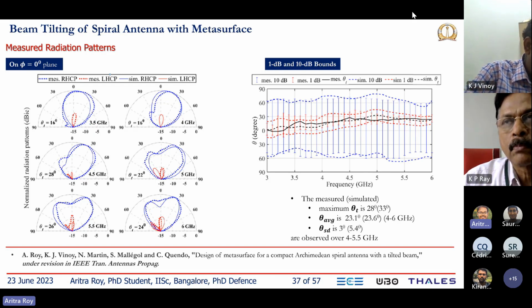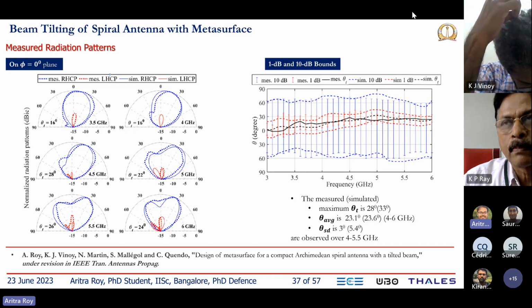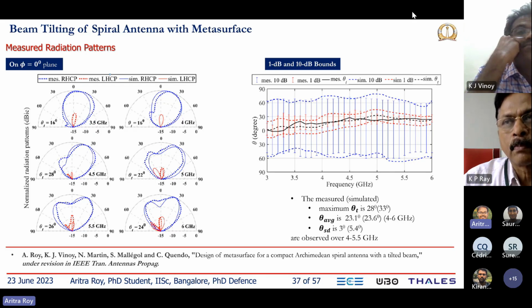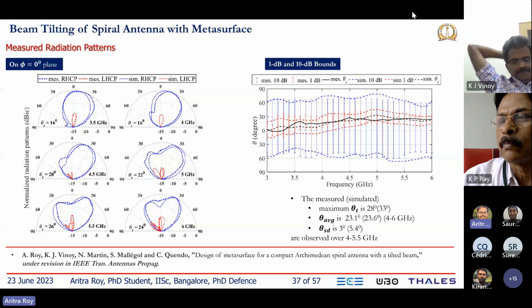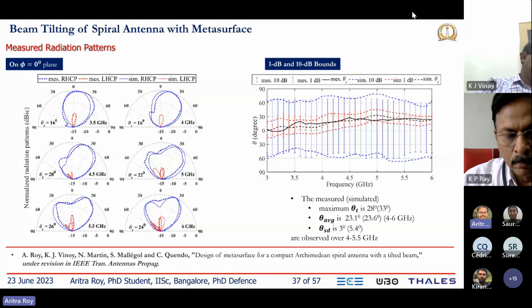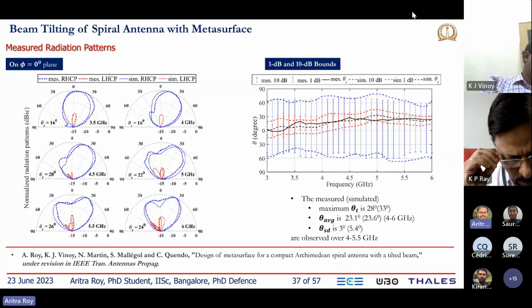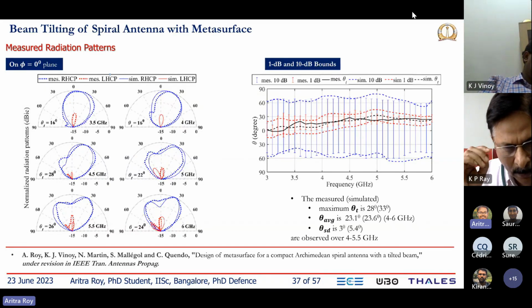When the wavelength is longer, the phase change is smaller. So for the same permittivity, the phase variation at low frequency is smaller than at high frequency. That was one reason I thought that at low frequency we have a lower tilt, and as the frequency increases, we have a higher tilt.